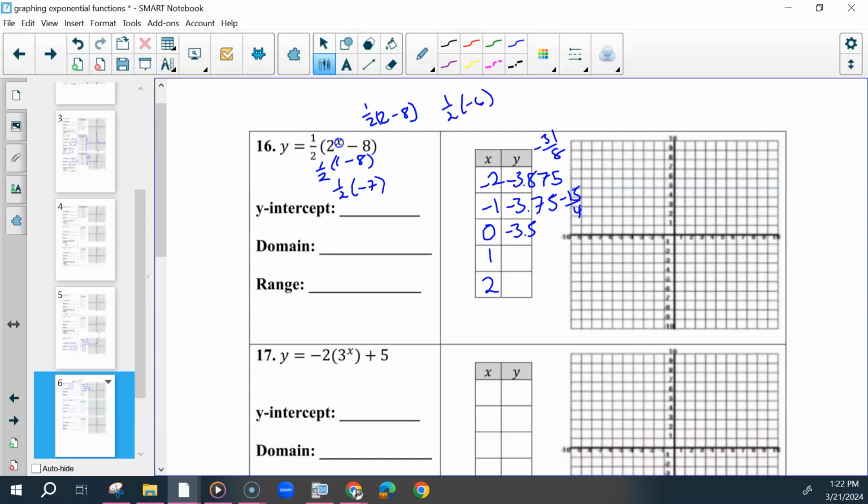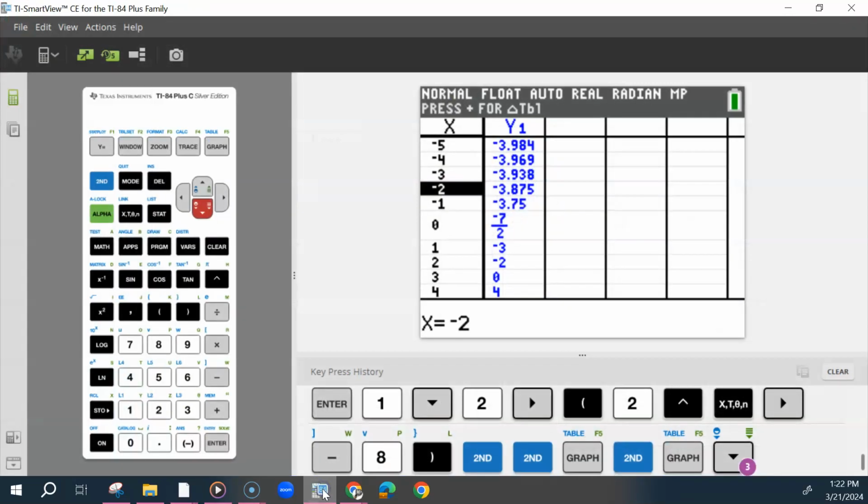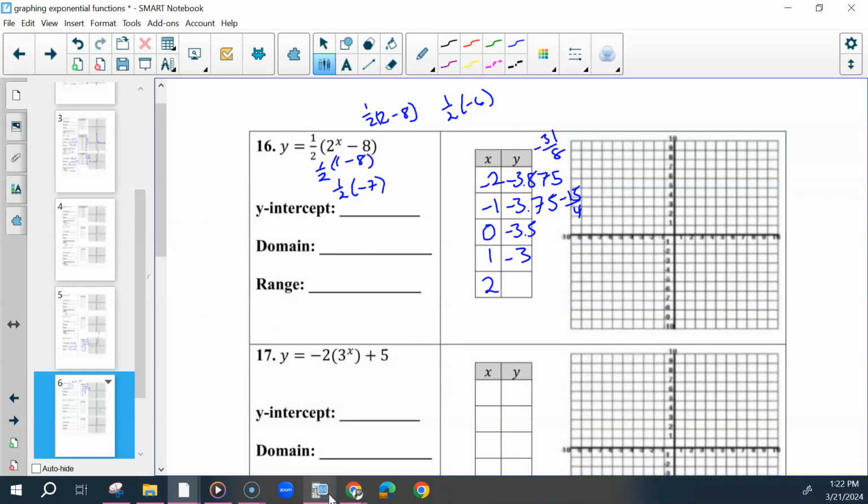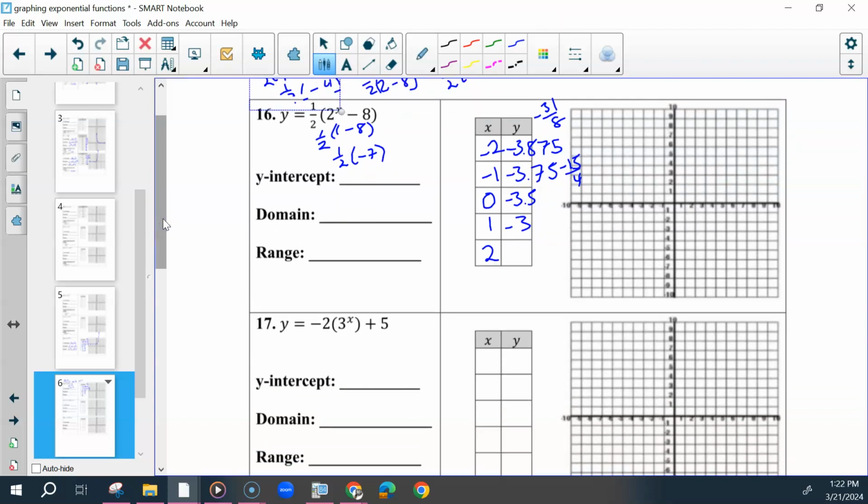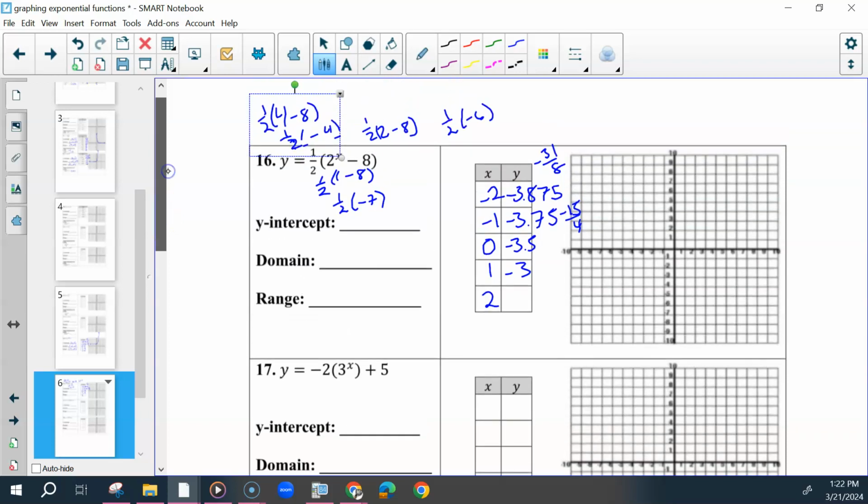And 1/2 times -6 is -3. And then last one, if I put 2 in there, 2 squared is 4. 4 minus 8 is -4. And then 1/2 times -4 is -2.